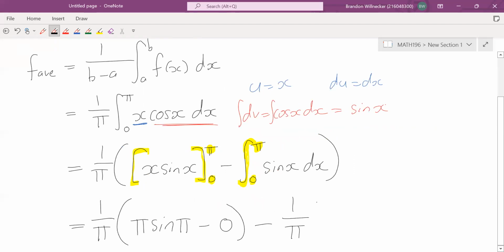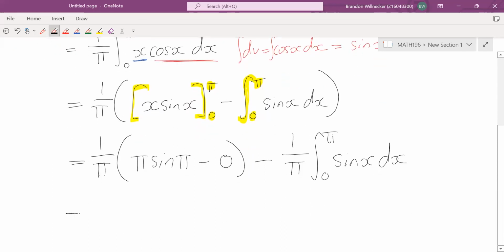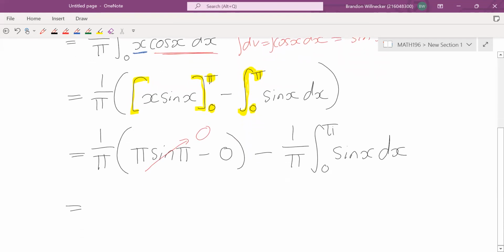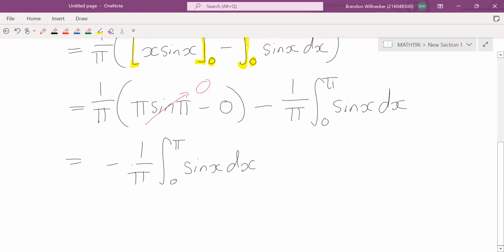So we have 1 over pi, integral from 0 to pi, sine of x dx. So this first term, we've already got 0, and we know that sine of pi is 0. So all of that just goes away. So we're left with minus 1 over pi, integral from 0 to pi, sine of x dx.